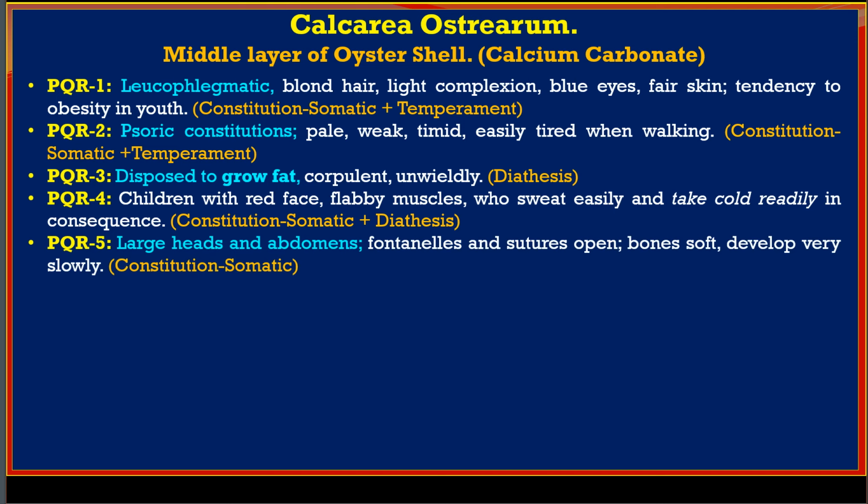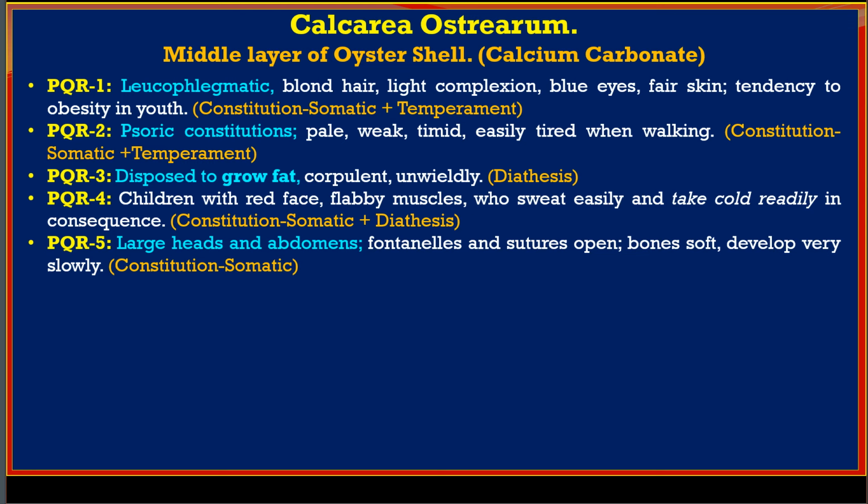Now the next PQR tells us about large head and abdomen, fontanelles and sutures open, bones soft, develop very slowly. Open fontanelles you will find in a child below 1 year of age, and in these infants the bones are not developing, the skull bones are not joining together, sutures are still open, because calcium has not been able to deposit.